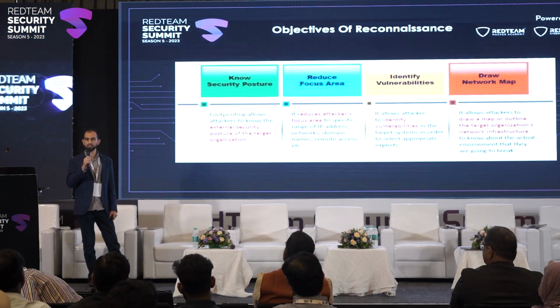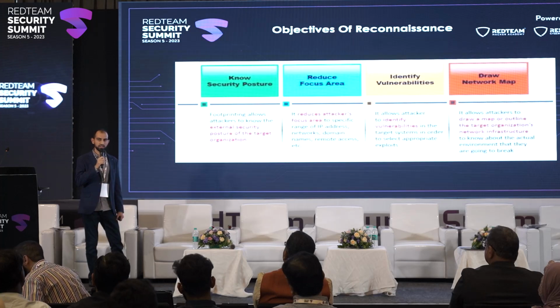Then you will narrow down the vulnerability scope, because if you know what you are looking for, for example, if I want to target a web application, they probably have domains and DNS, or if I want to target a mobile application, they may have APIs and databases that store only the mobile data.